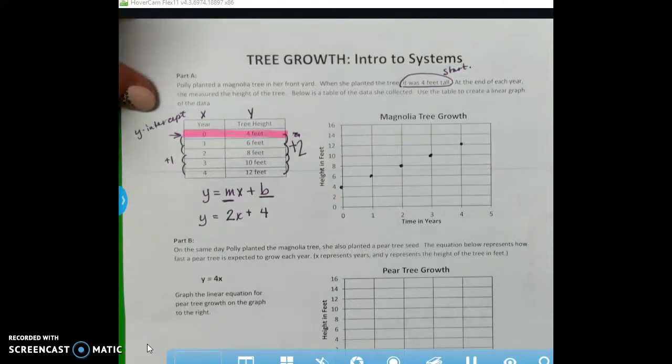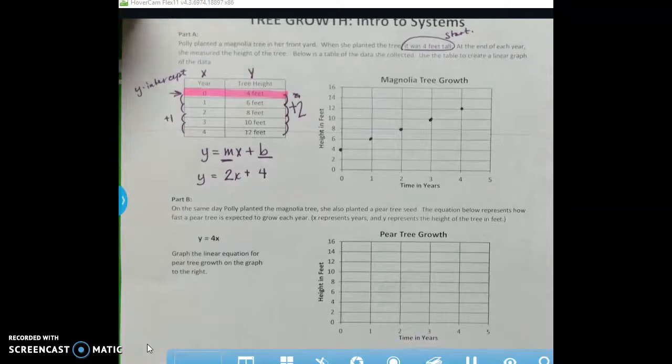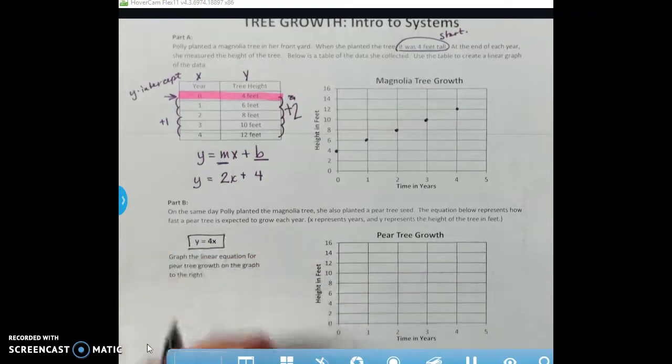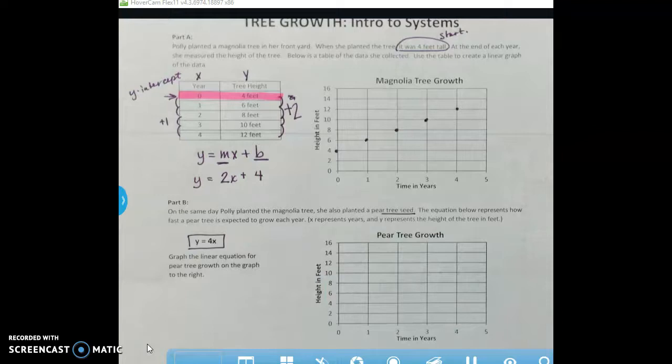All right, so at the same time that Polly planted the magnolia tree, she also planted a pear tree. And this is the equation that shows this particular growth. However, we have a seed that she has planted, not truly a tree, so we do not have any height. A seed is going to be in the ground, so there's not a height per se.